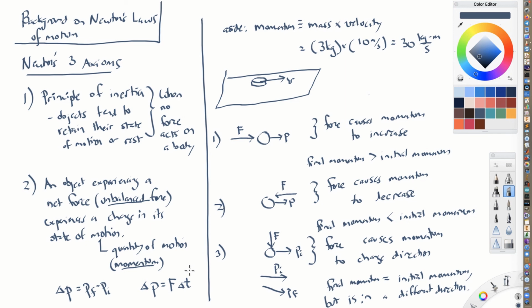So for example, if I apply a force in case 1, let's suppose I apply a force of 1 Newton, and I apply that for 1 second, the change in momentum is going to be 1 Newton second. Okay, and if you work it out, that ends up having the same units of kilograms meters per second. So its change in momentum is going to be positive, its final momentum is going to be bigger than its initial momentum, and the amount that it increases by is the product of the force and the time during which this force is applied.